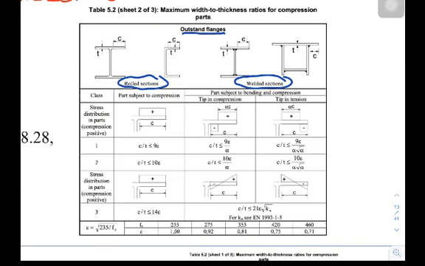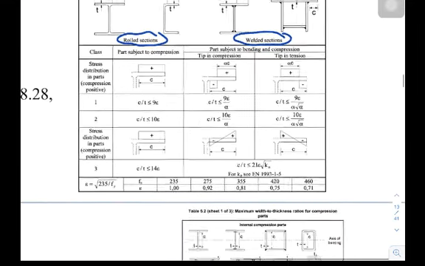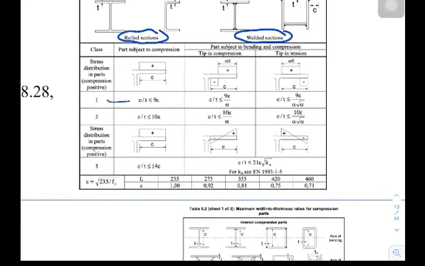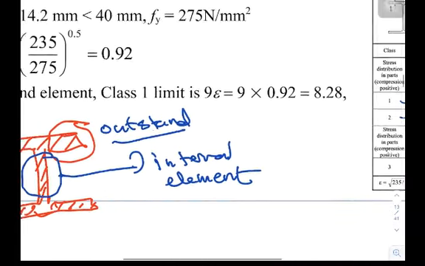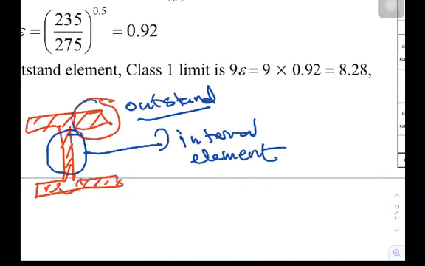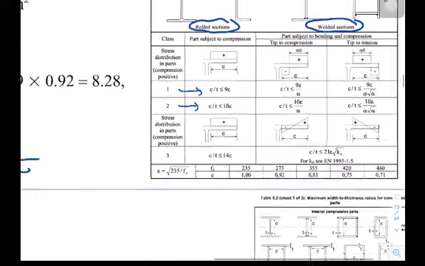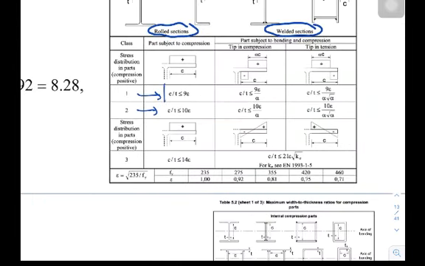So the limit will be, for class 1, C over T is less than 9 epsilon. Class 2, C over T, the limit is 10 epsilon, and so forth. Since the outstand element is subjected to compression, that will be the limit, 9 epsilon.